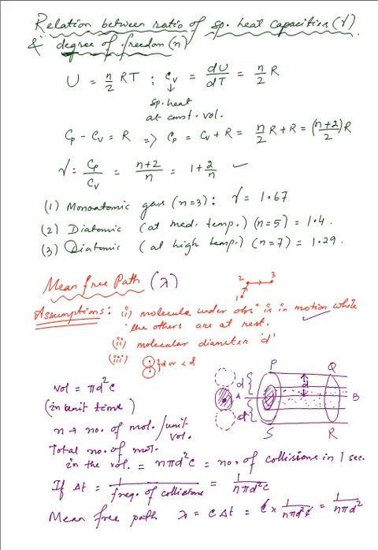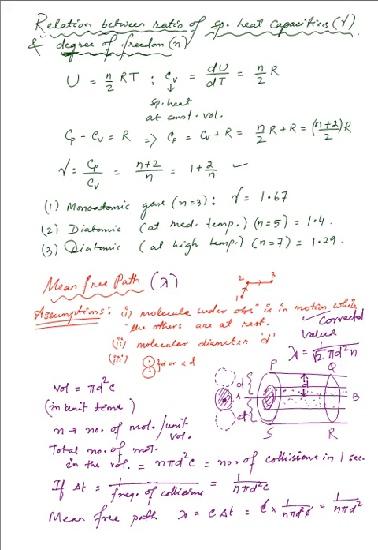The correct value that was therefore obtained, I am writing it over there, was equal to 1 over root 2 times the expression obtained. So the corrected value for lambda is 1 over root 2 times pi d square n. So this is the final expression for the mean free path.